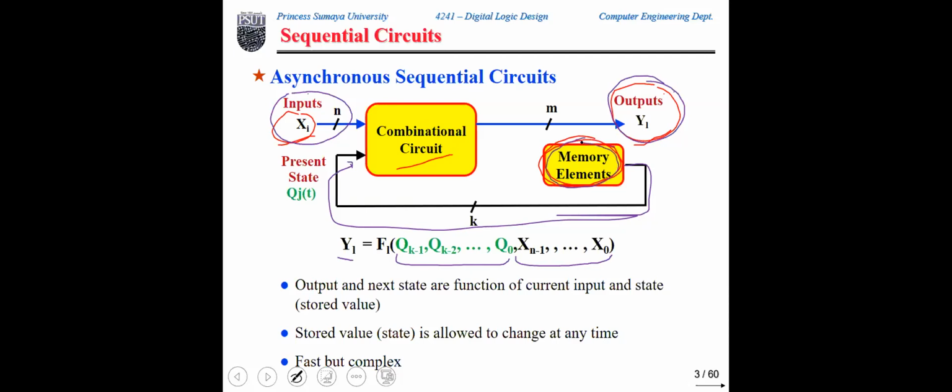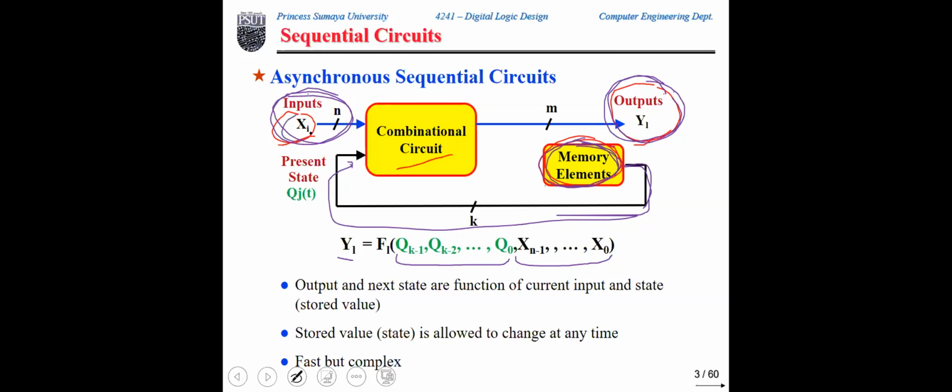And this value, along with the current input, is used to calculate the output. So for our counter example, in this memory we store the current count value. Let's say we start from 0. So initially we have 0 stored in the memory.